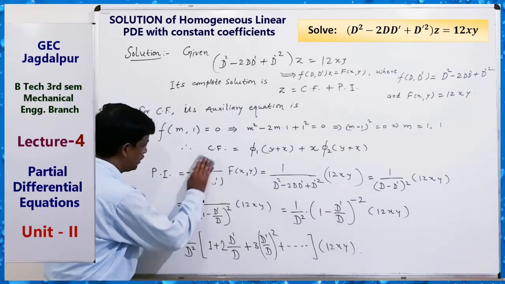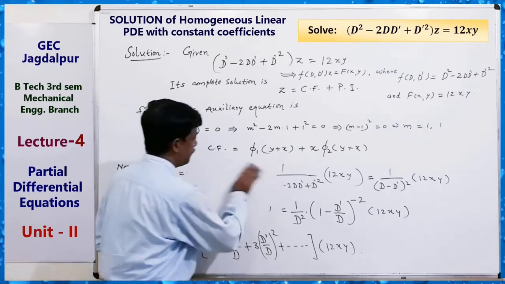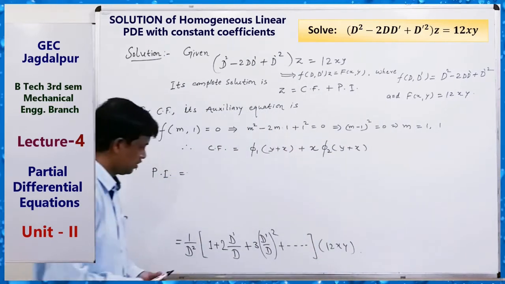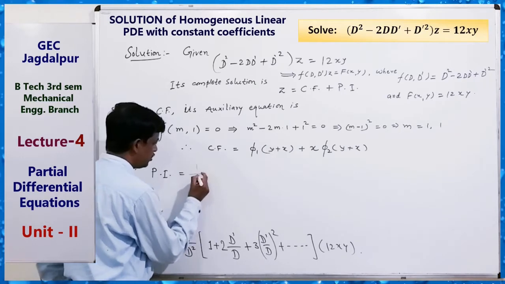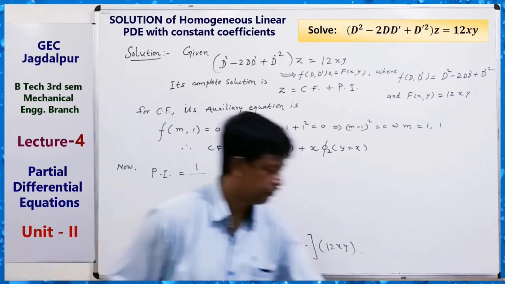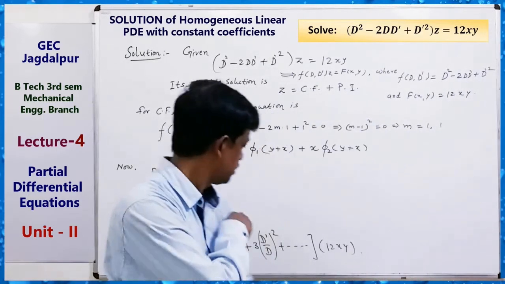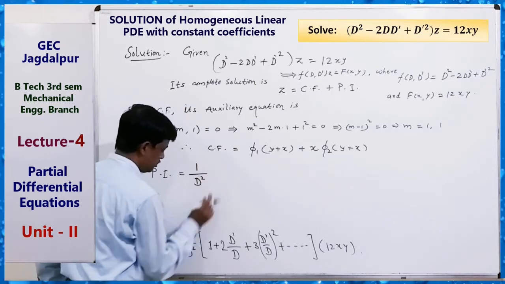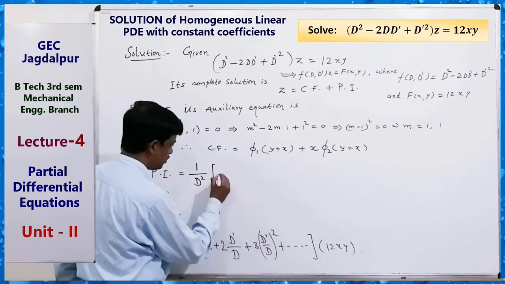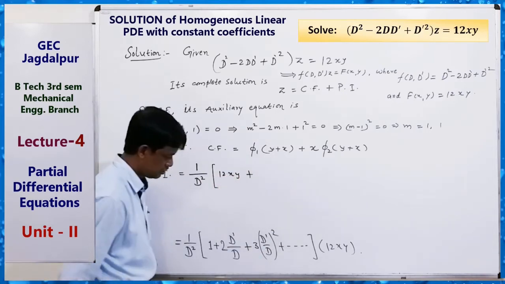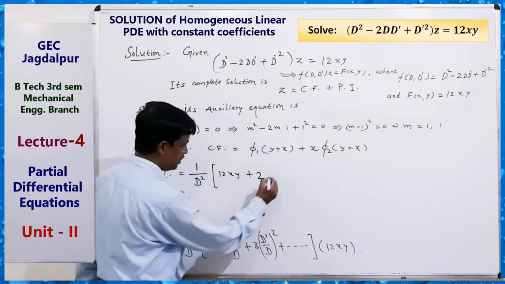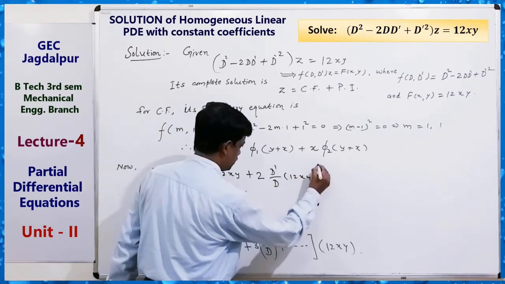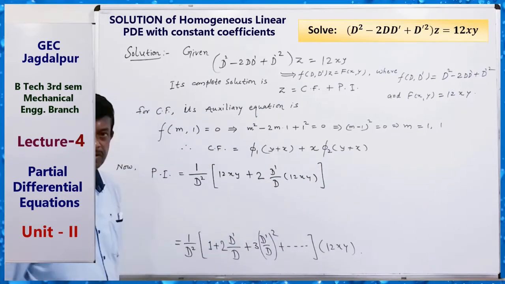We can write after this line, 1 upon D² of 12xy plus 2D'/D of 12xy, because after this term all terms will vanish.